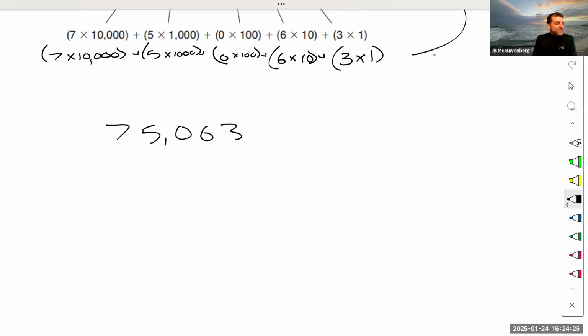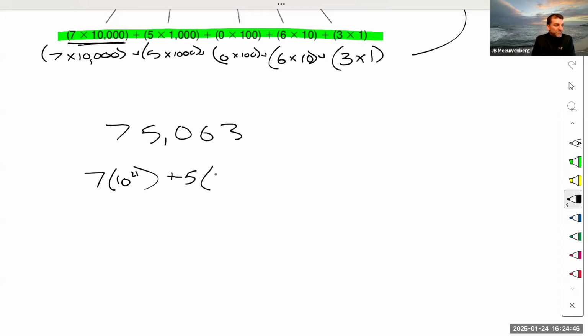When we write it in this form with all of these things multiplied out, shown as an addition problem, or you can even write it with exponents: 7 times 10 to the fourth, plus 5 times 10 to the third, plus 0 times 10 to the second, plus 6 times 10, plus 3 times 1.